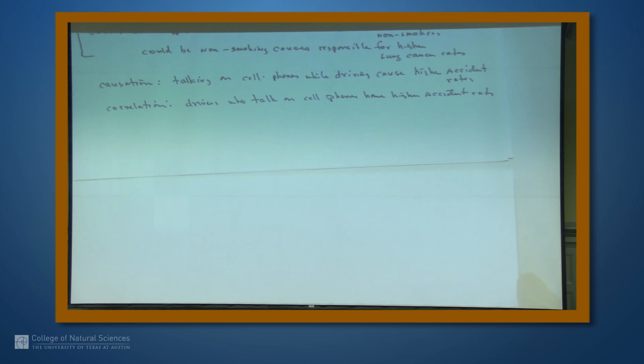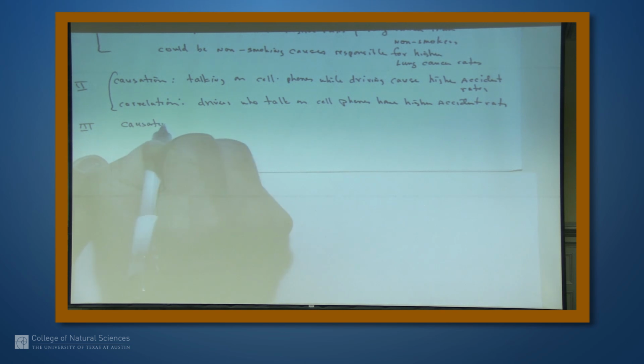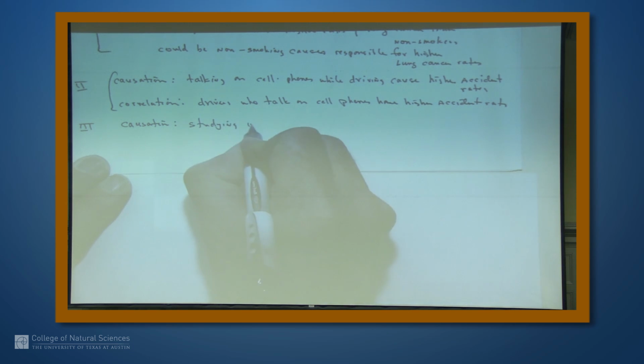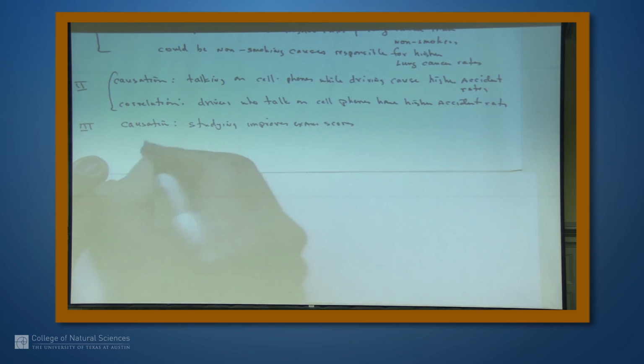One more. Causation. Studying improves exam scores. Correlation is simply that people who study have higher exam scores than those who don't study.